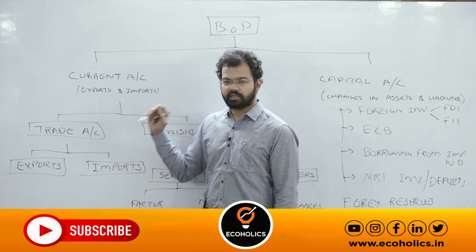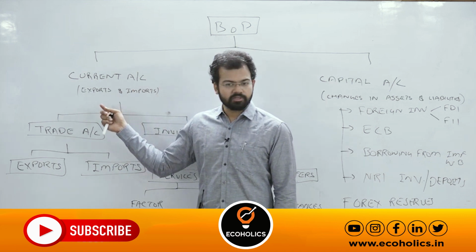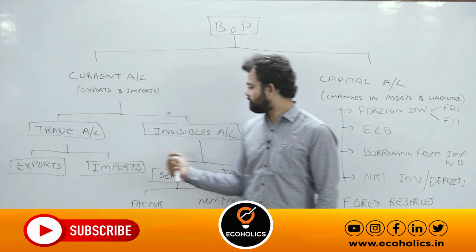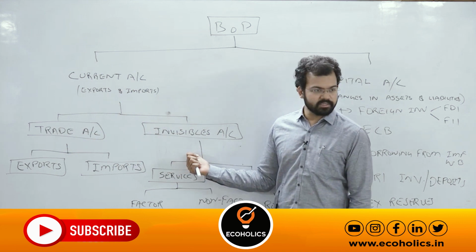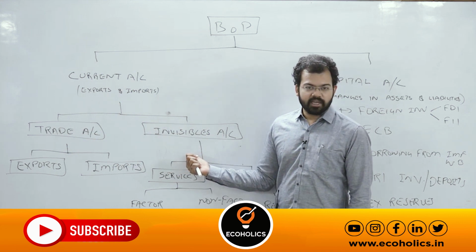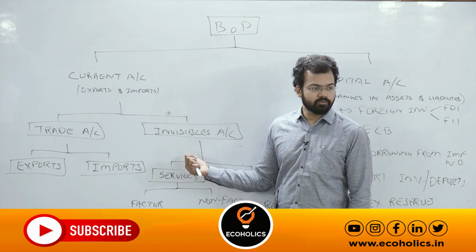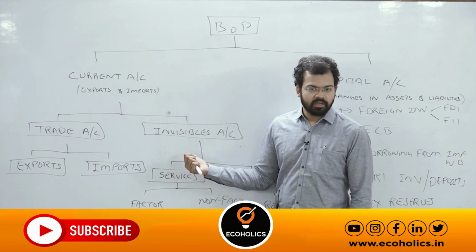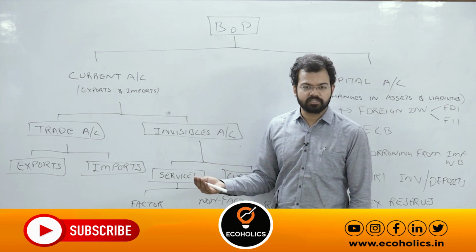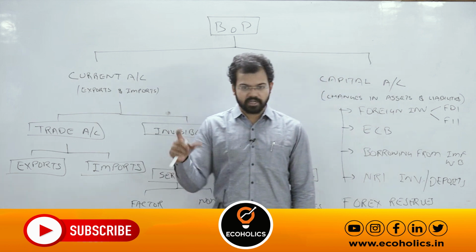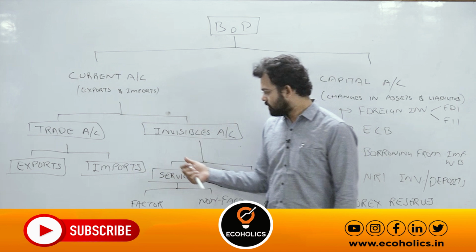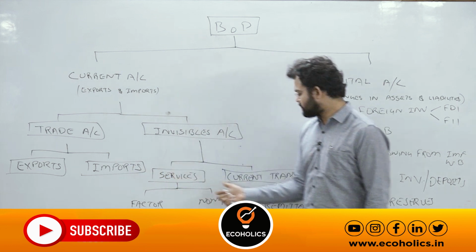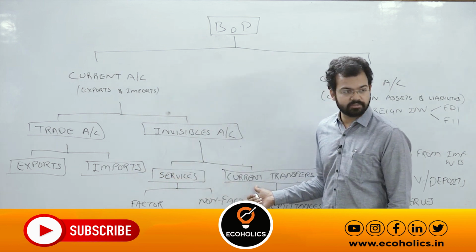Talking about current account, it includes the trade account as well as the invisibles account. Invisible means that we cannot touch the particular kind of goods and services. Generally services come under that category. Like my teaching skills, I cannot touch. These are intangible. Tangible and intangible. So invisible accounts include services and current transfers.